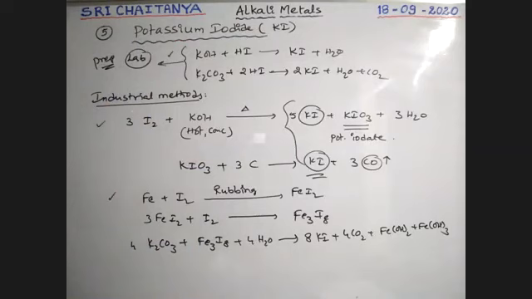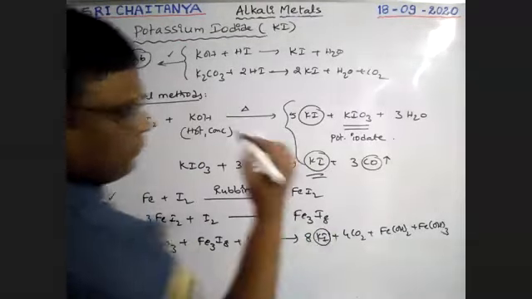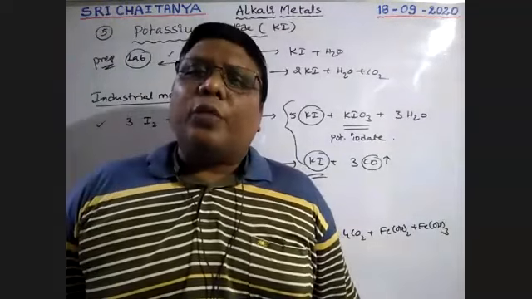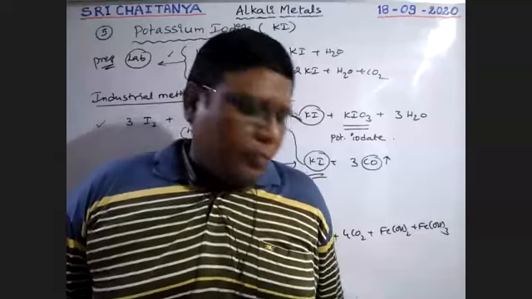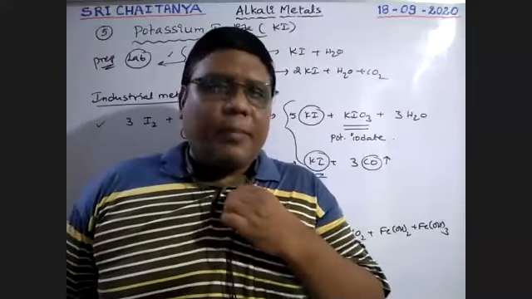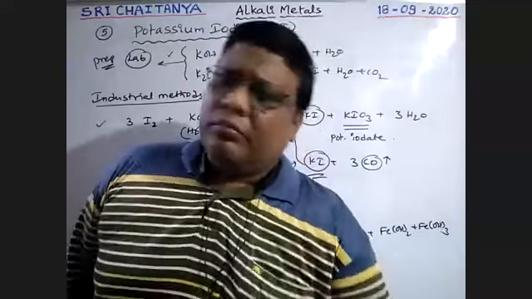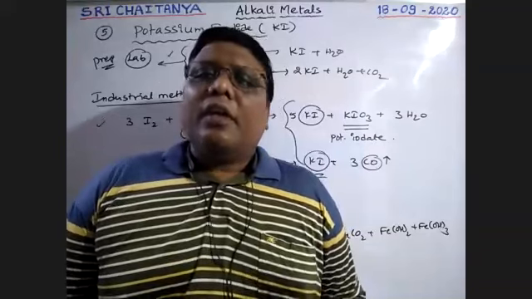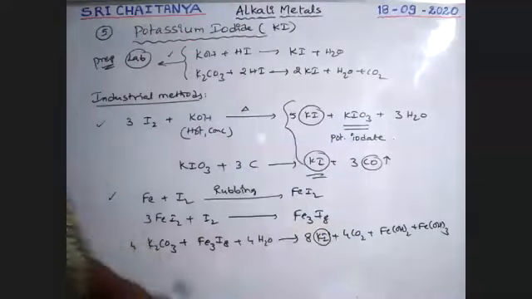Ferrous hydroxide, ferric hydroxide, and our target product, that is KI. So this is the way to prepare potassium iodide industrially. Okay, so these are the preparation methods, guys, laboratory preparations and industrial preparations. Now properties.